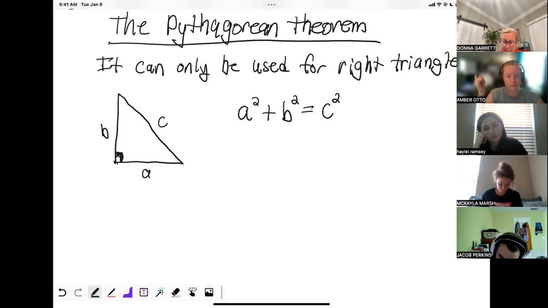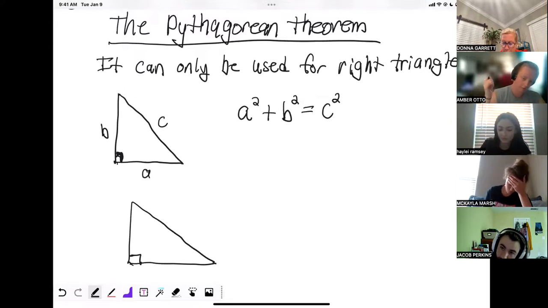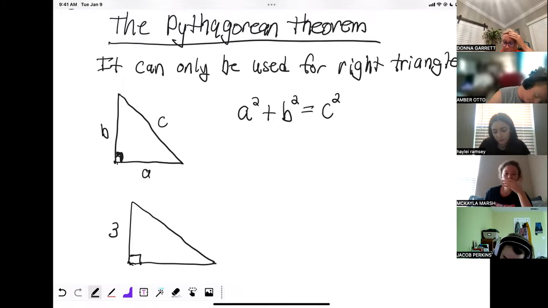So for instance, we're just going to do regular numbers before we do what we're doing. Let's say I have 3 and 4, and I want to know what my hypotenuse is. They're my two legs.